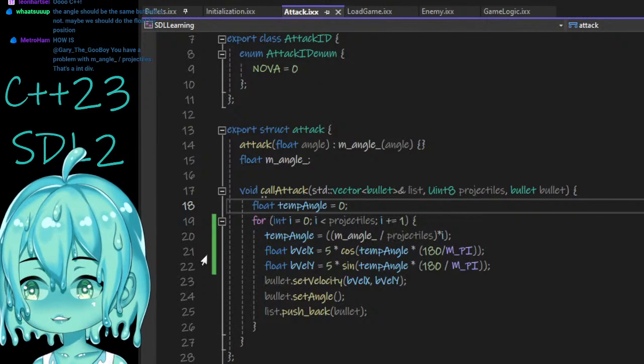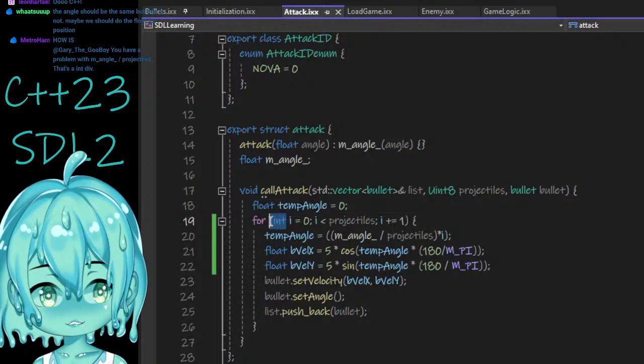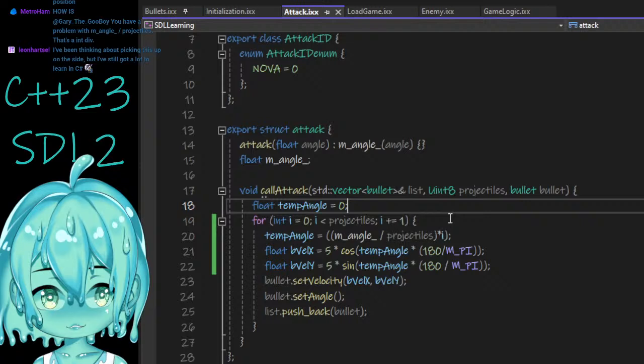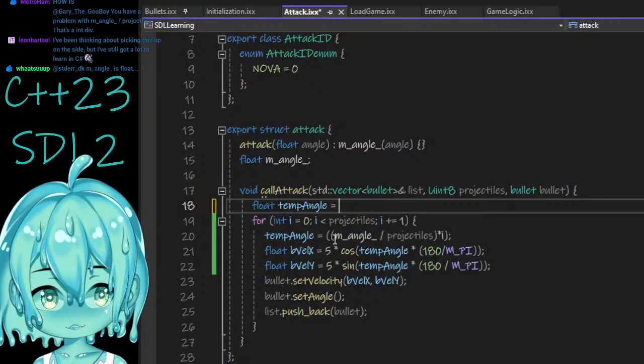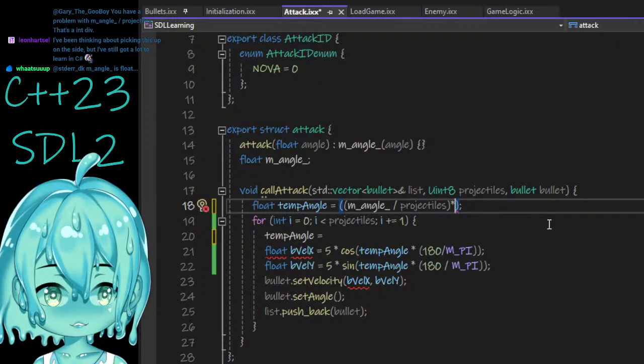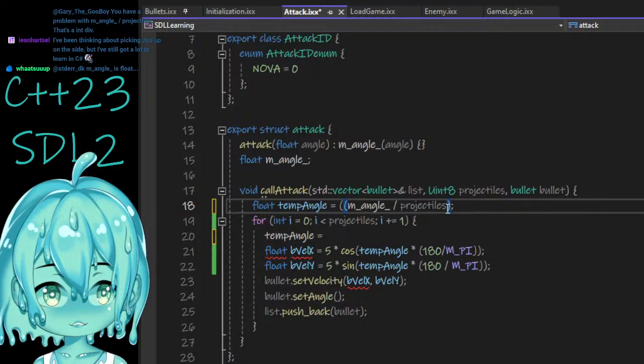Okay, so here's what I'm thinking. I think we're gonna make this stay as int, but well, that can just stay as that, huh?